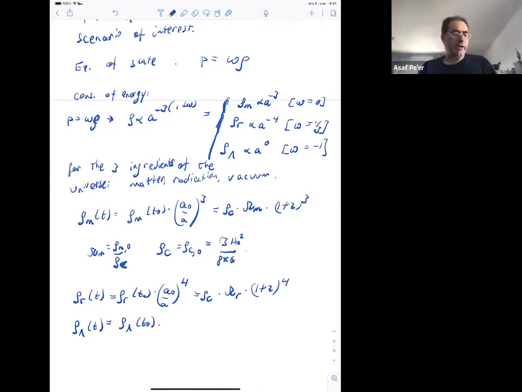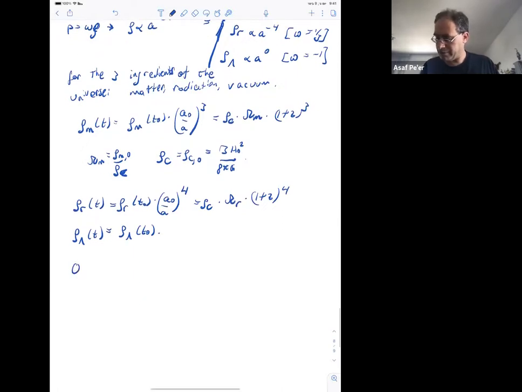Now we can refer back to observations. So observations tell us that total omega, normally written simply as omega, is how much? Do you remember? What is omega total?